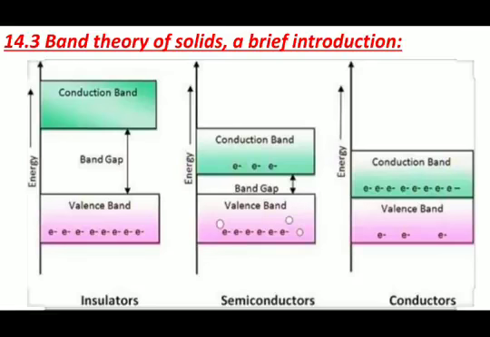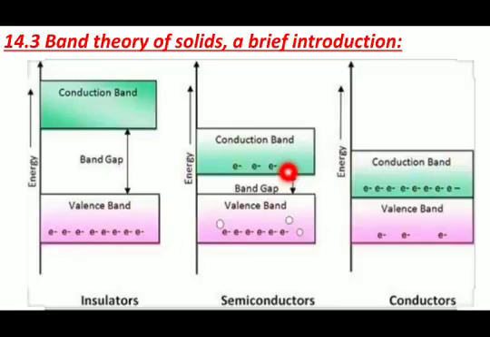Then the next case, this situation is shown in the diagram. Here a finite but small band gap, that is, an energy gap of less than 3 electron volt, exists. Because of this small band gap, at room temperature some electrons from the valence band can acquire enough energy to cross the energy gap and enter the conduction band.